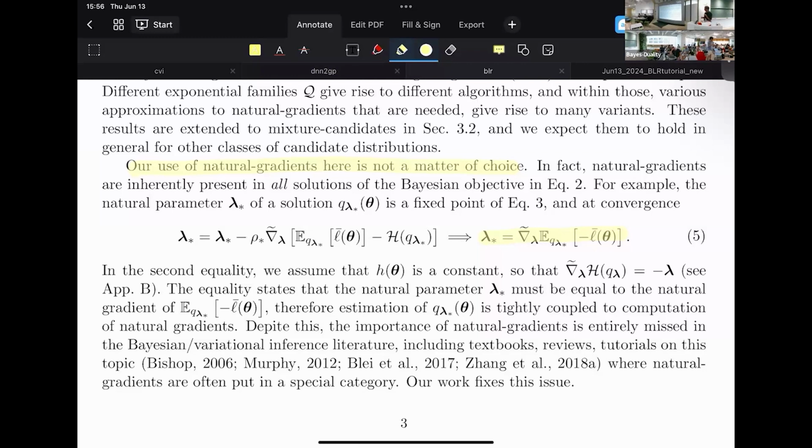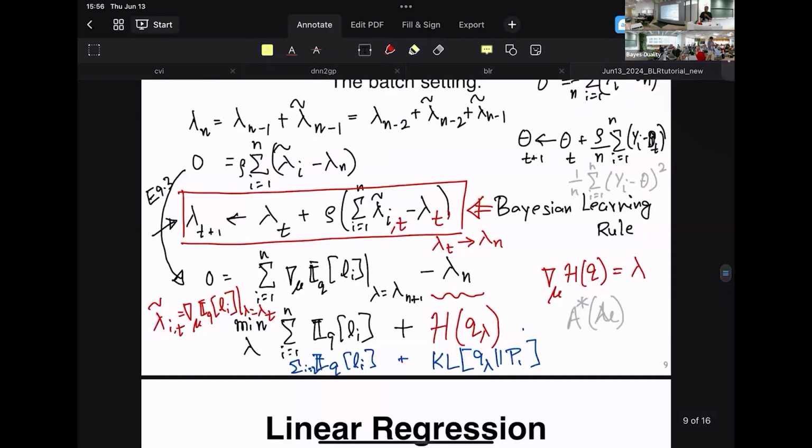I have a short question on something that I really never understood. When you show the VI alpha objective, we have the KL divergence, and then in the Bayesian learning rule, we have the entropy. But mathematicians usually prefer the KL divergence instead of the entropy. Sometimes we think about the KL as the more original, the more primal thing.